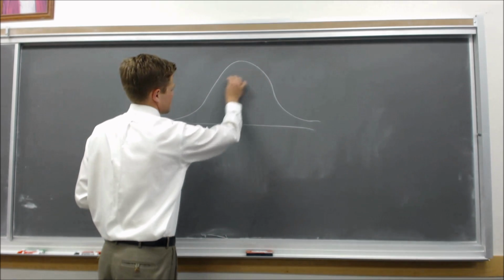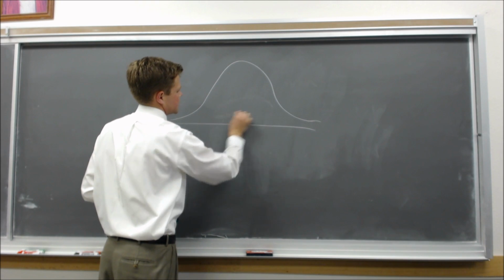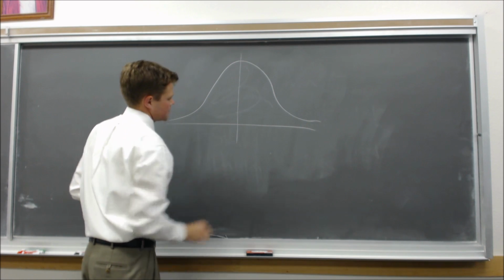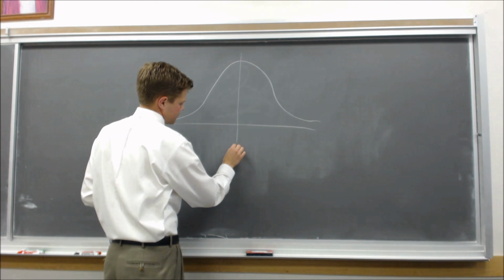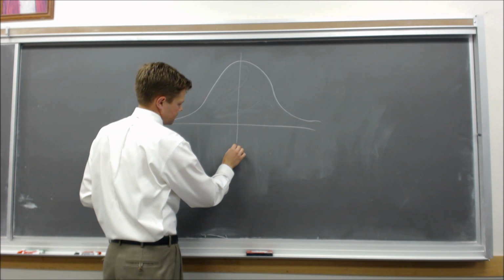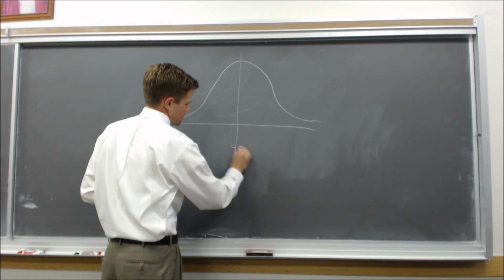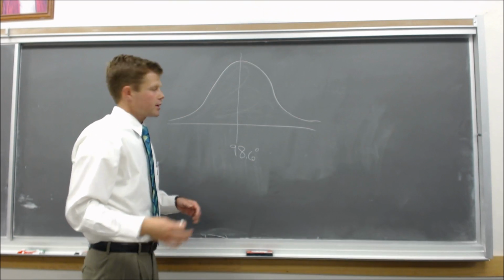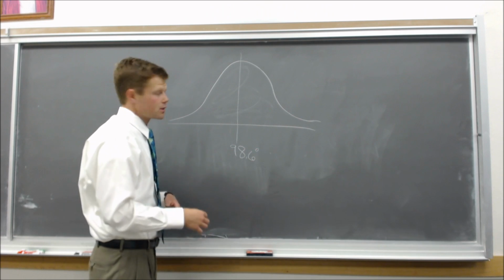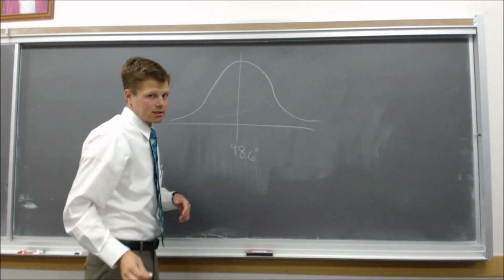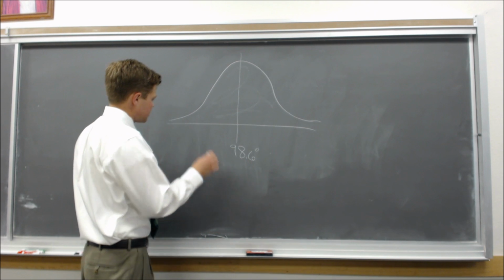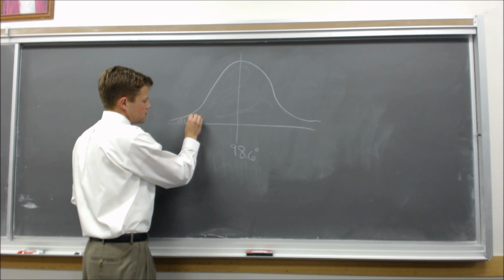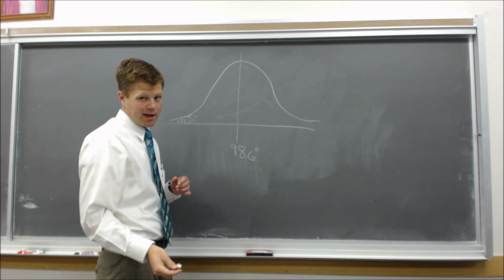This whole area right here represents all of the students of BYU Idaho, and this is the average, or the median, 98.6 degrees. Now, if we're going to collect 100 students, and remember this represents 15,000, it is possible that we could choose all 100 from just this section right here.